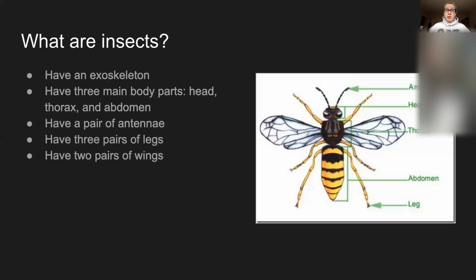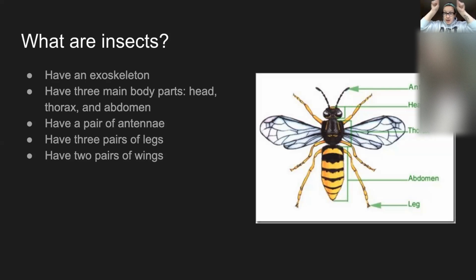Okay. So to first talk about bees, we're going to talk a little bit about insects. And insects have an exoskeleton. So you guys might remember from our skeleton class that an exoskeleton means it's a skeleton on the outside. And that skeleton is usually made of chitin, which is a kind of protein. They have three main body parts: the head, the thorax, or the kind of middle, and then the abdomen at the end.